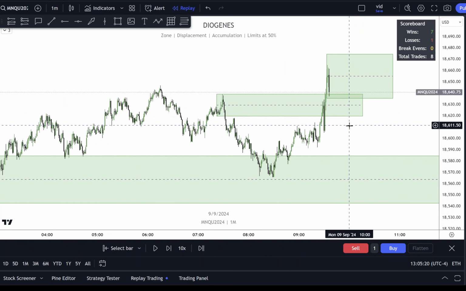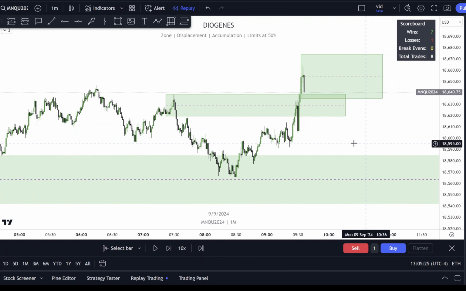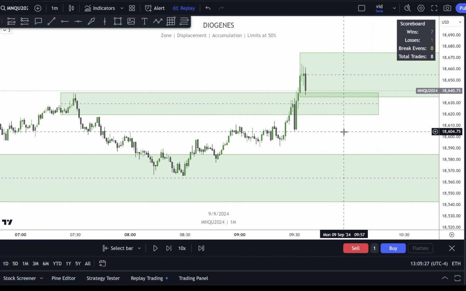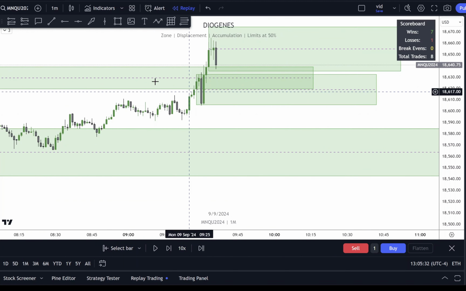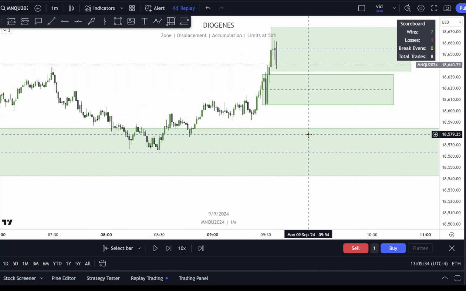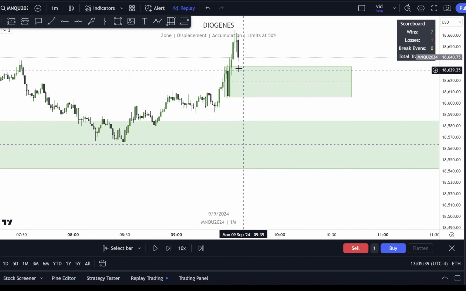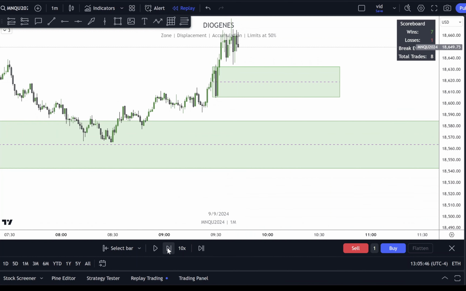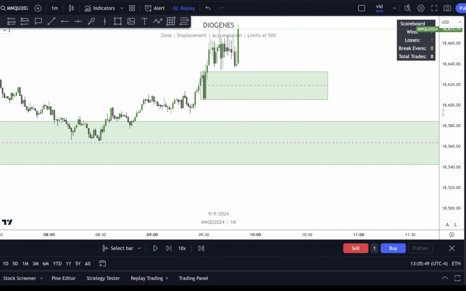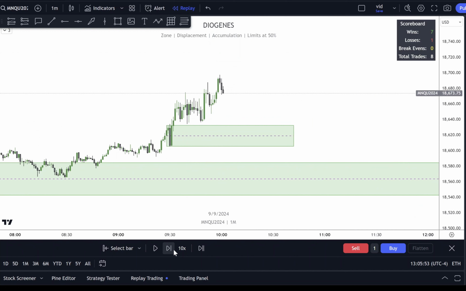So now we took a higher time frame high, and now we are expecting a change of order flow, which means never take a trade from here. It can work, you can take it, but if you are really careful about your risk management, just don't take it. Although now it's getting beautiful because of this accumulation, but yeah.